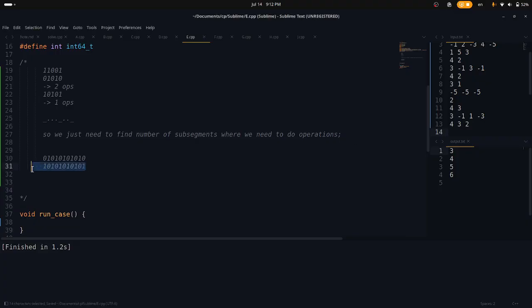We just need to go through these two types of patterns, the alternating valid sequences which we want to make, and check whether we need to change or not.